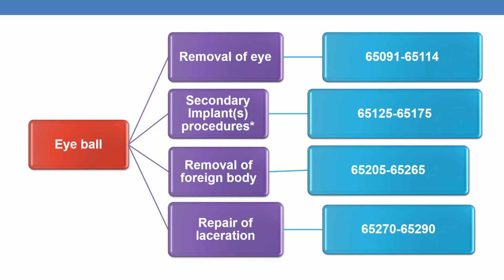Eyeball is again categorized into the following ranges: removal of eye, secondary implant procedures, removal of foreign body and repair of laceration. The CPT range for removal of eye is 65091 to 65114, and for secondary implant procedures the CPTs are in the range 65125 to 65175.